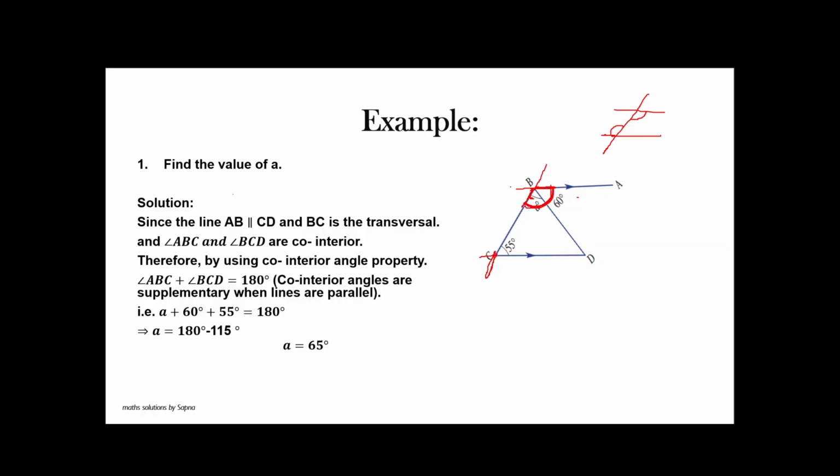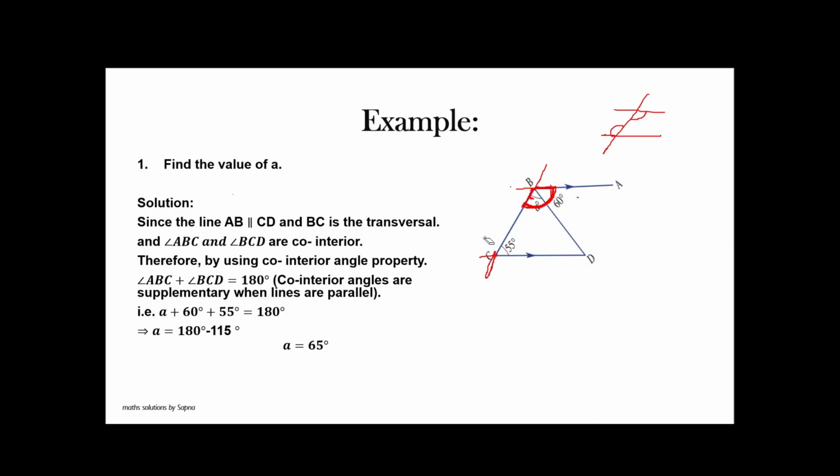So this A plus 60, you need to figure out whether it has a direct relationship with any angle present in the question. Let's see. If I look at it, it is present inside the lines, right? It can be alternate interior, but alternate interior to it would be this one, between the lines and on the opposite side, which is not given to me, so I can't use alternate interior.